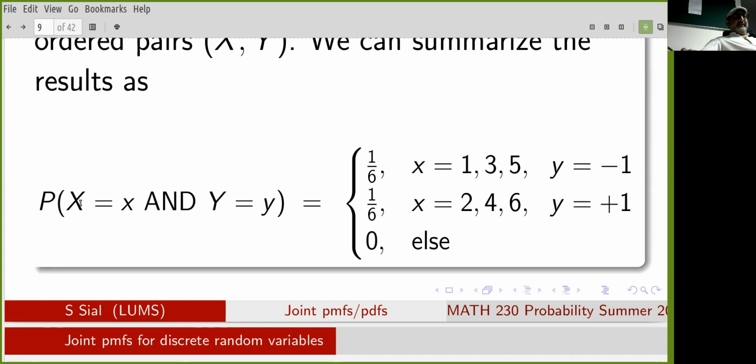So the probability that x is equal to x and y is equal to y is 1/6 for x equal to 1, 3, and 5, and y equal to -1. And it's 1/6 for x equals 2, 4, and 6, and y equals +1. And it's 0 for any other combinations of x and y.